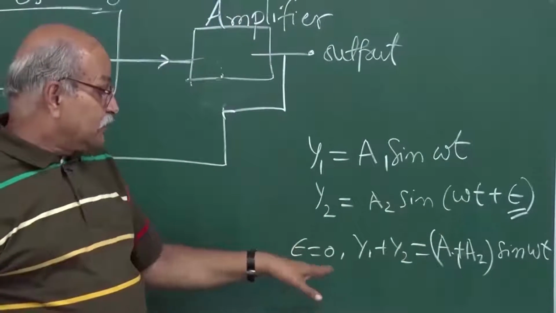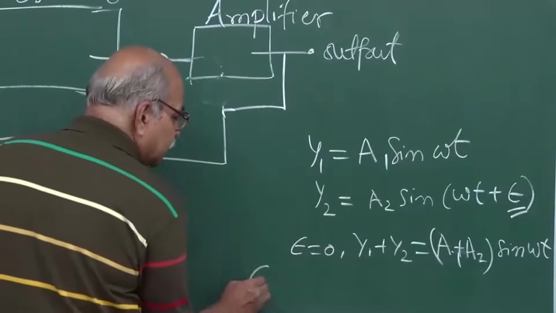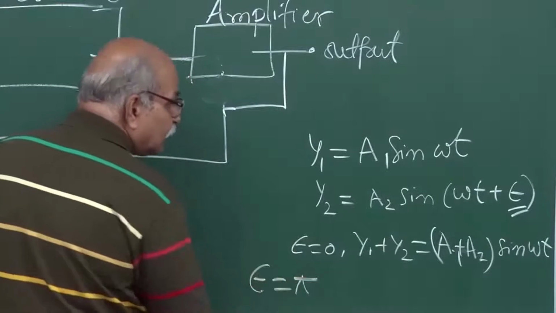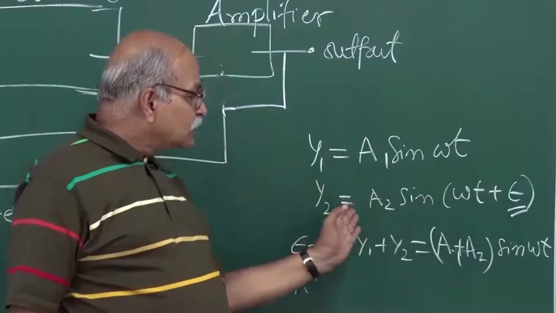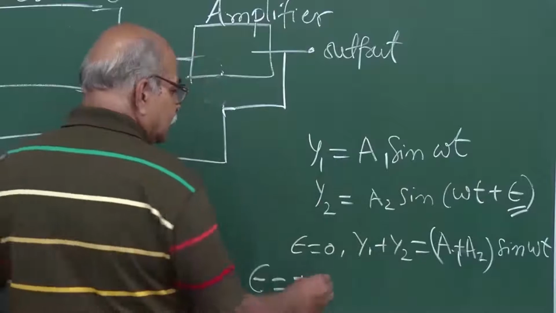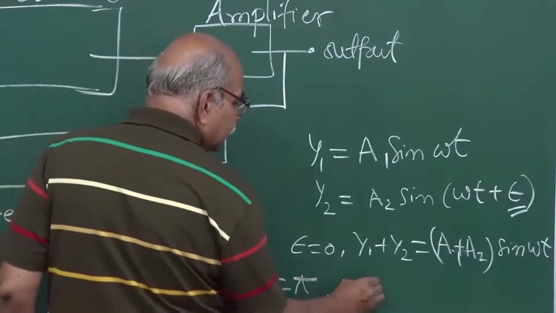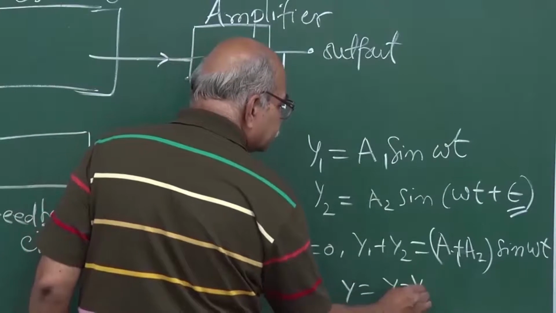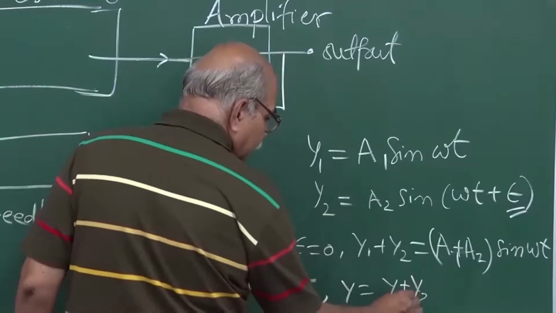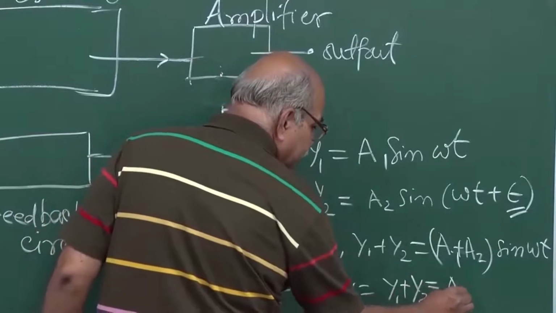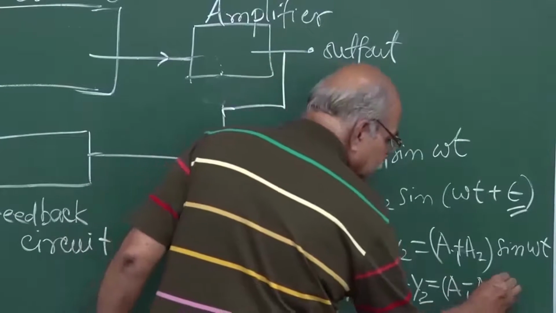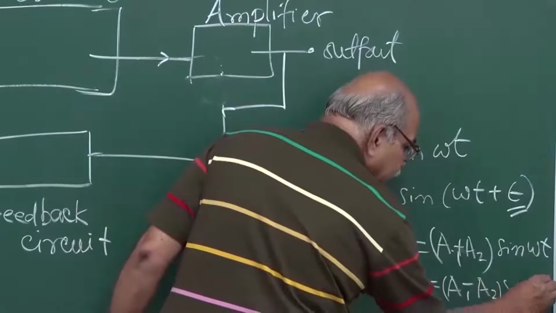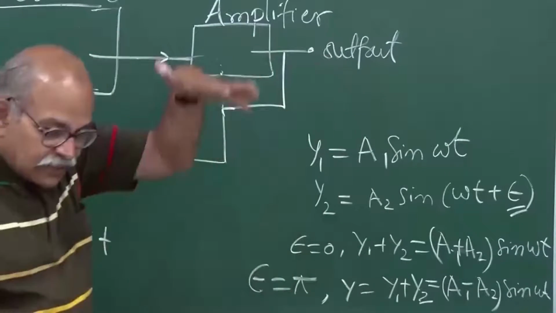But if suppose epsilon is pi, in that case sine of omega t plus pi is equal to minus sine omega t, and then y will be y1 minus y2. Actually it is y1 plus y2, but this will be a1 minus a2 times sine omega t. So your amplitude has actually decreased.